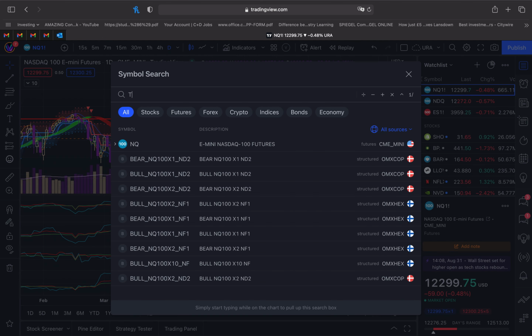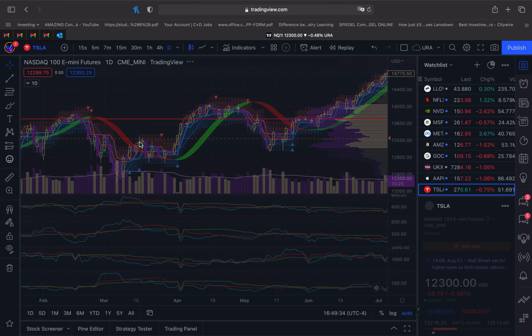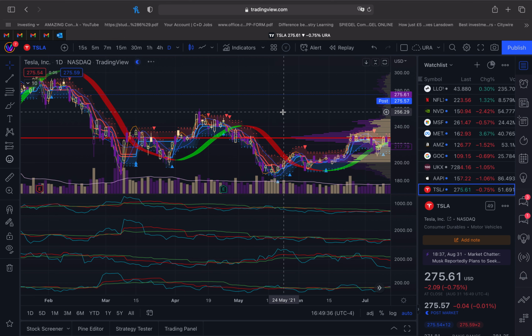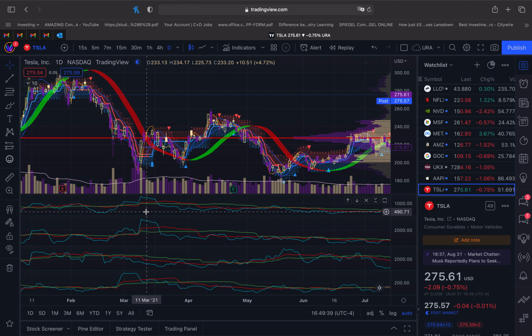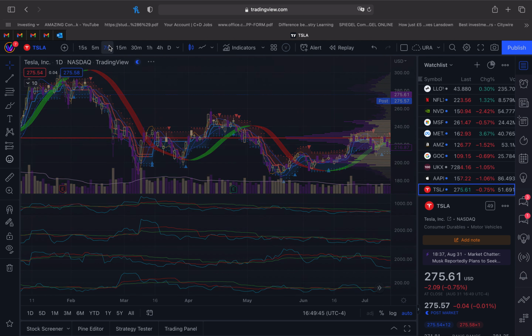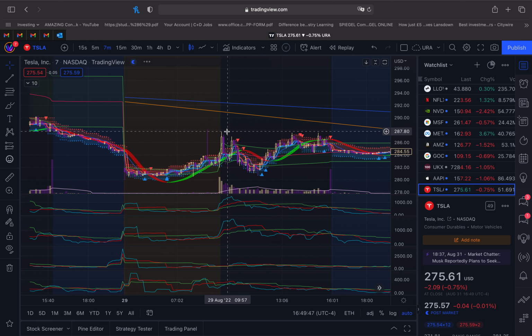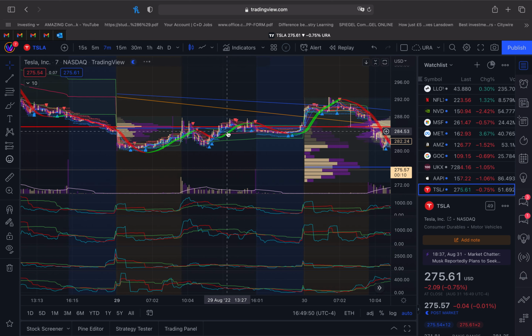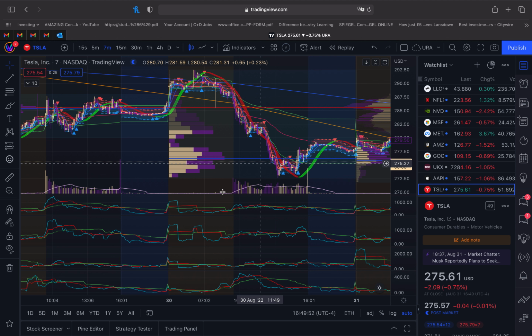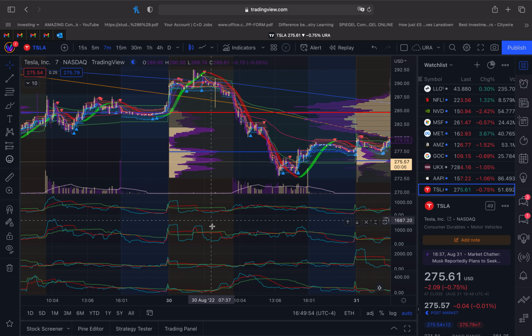And just to prove a point, let's take a stock, so it works in other places as well. So, looking at Tesla now, go down to the 7 minute. Okay, same thing here.